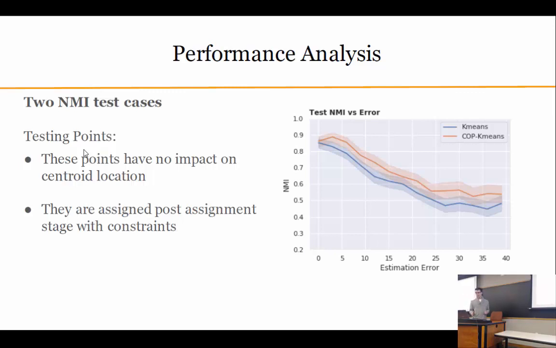So basically what this shows is that the COP k-means performs better even after points are left out in terms of the centroid assignment stage, if that makes sense.